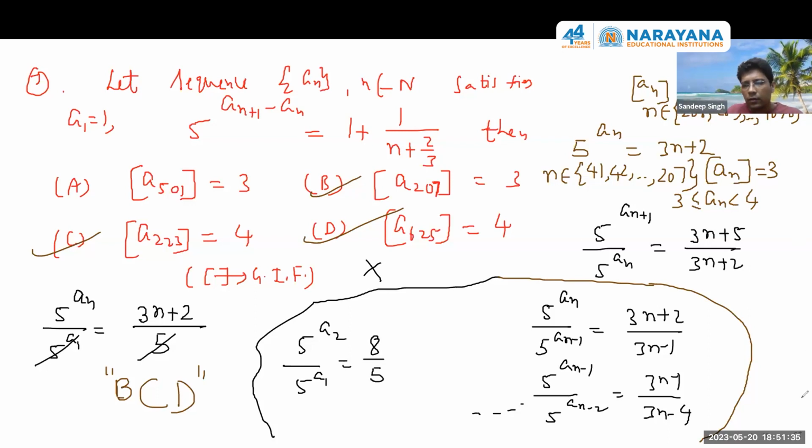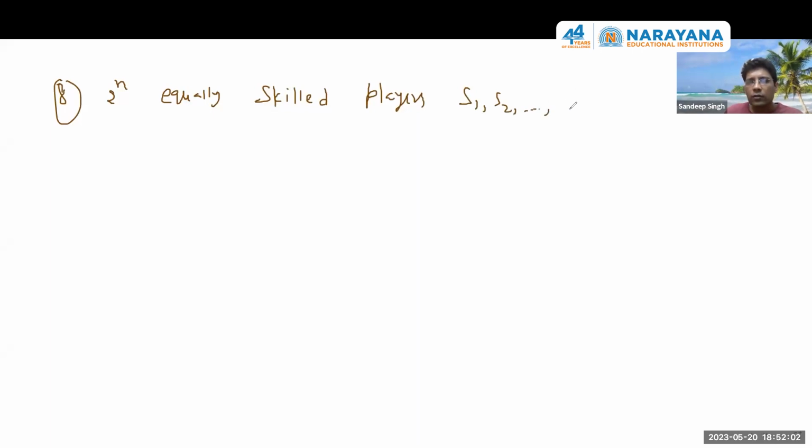Next, I will make you write one problem. 2 power n equally skilled players S1, S2 till S of 2 power n play a knockout tournament.